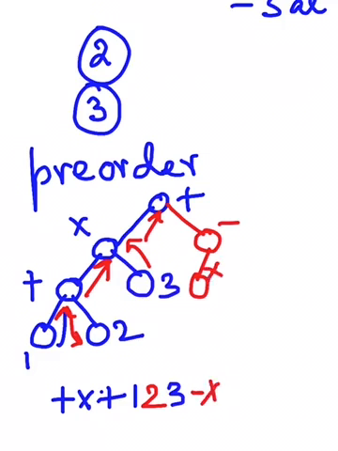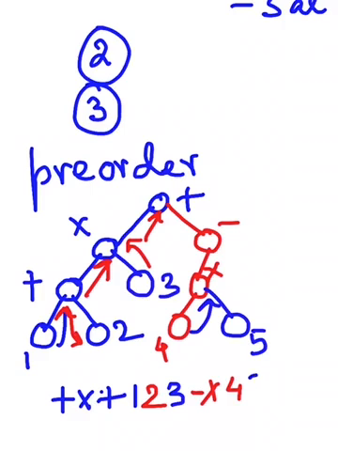So we write the multiplication symbol, and then we come to the node 4 and print that. We have nowhere to go now, so we come back here and go to the right subtree of this node, which is the number 5. And then we have nowhere to go below that, so we go back, and this node has the right subtree, which is 6. So we write 6 here.